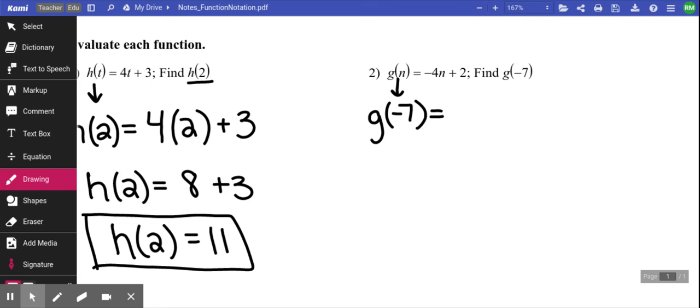We're no longer using n's, we're using -7. And you're going to put in the -7.